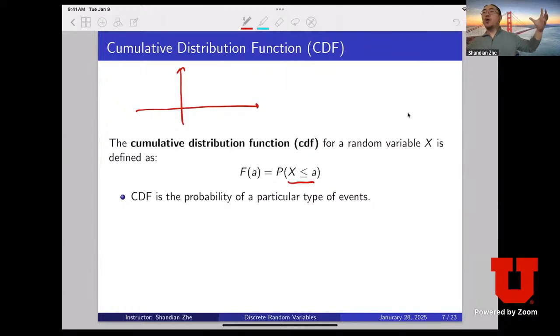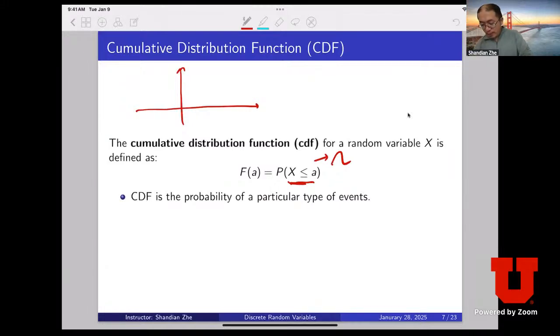That means the whole sample space, all elements in the sample space, will satisfy this inequality. So as long as A is large enough, the CDF will simply be 1. Imagine if this event corresponds to the whole sample space, then the probability for the whole sample space is what? It's just 1, right? That's why it's more like accumulating all the probabilities along with A.